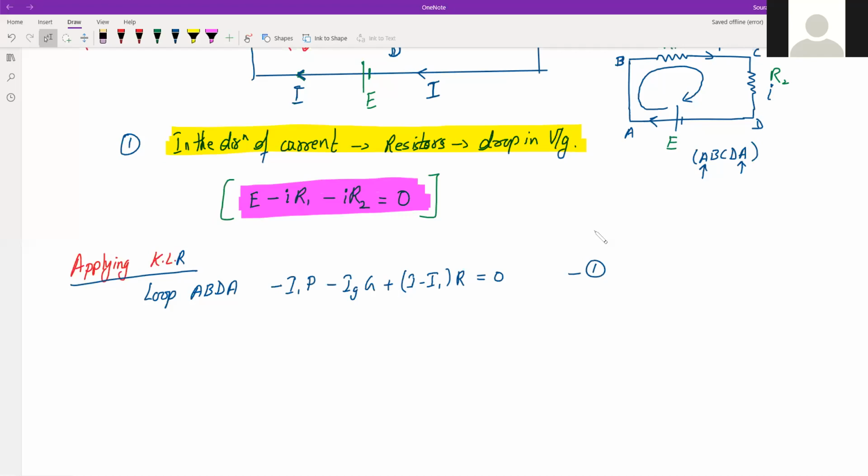Do we have some other loop? That is loop B, C, D, B, I guess.